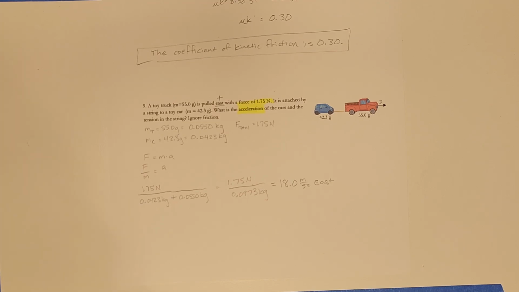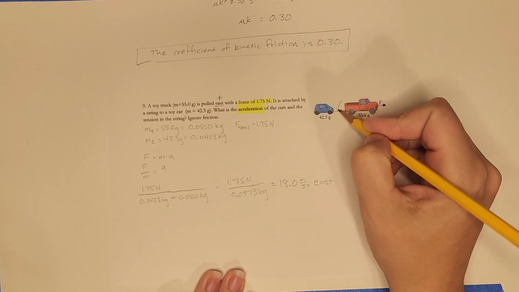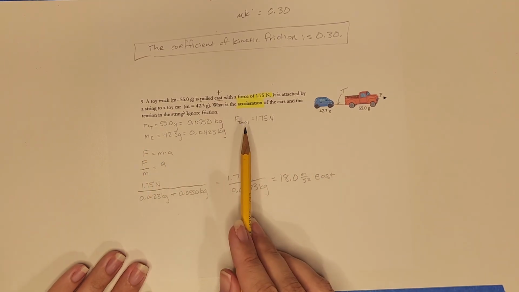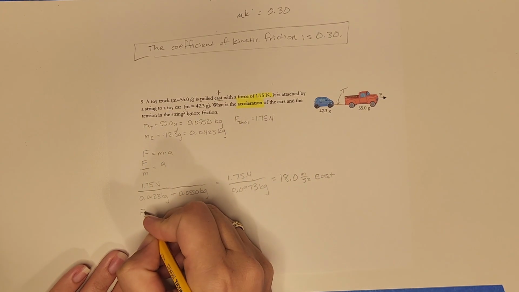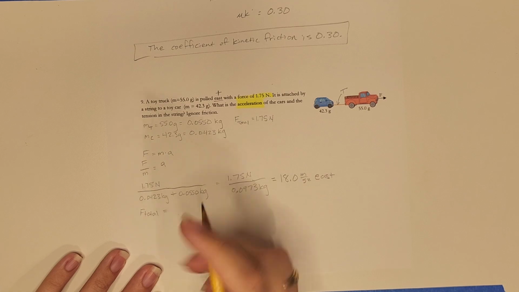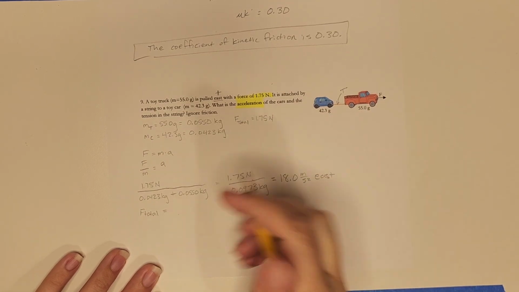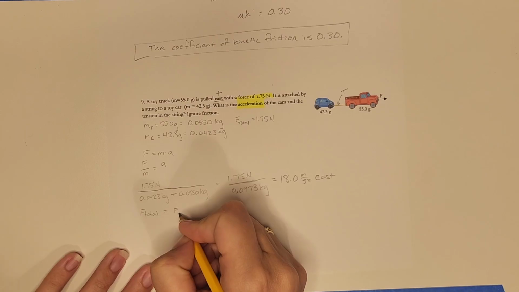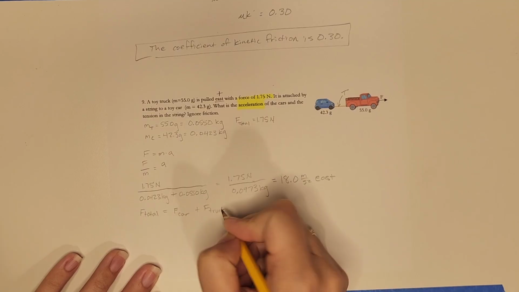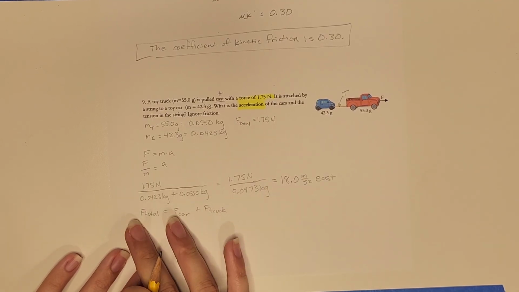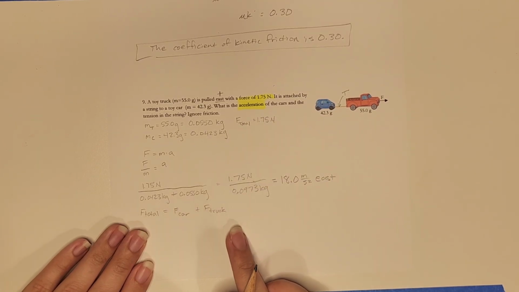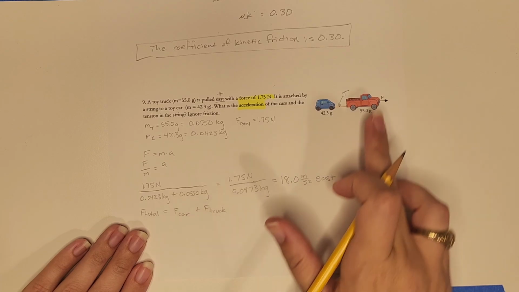So the second part, we need to determine what the tension is in the string. We're not going to totally use this equation here, but the total force is the addition of the force of the car plus the force of the truck, right? So that total force was 1.75 newtons. We could figure out the force of the truck by taking the mass times the acceleration of the truck.